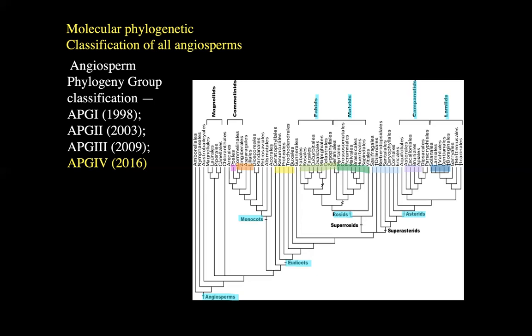Rosids to the left are in general going to have free parts, like not a lot of fusion, particularly between petals. The asterids, in contrast, are going to have a lot of fusion, and have a reduced number of things like stamens and pistils. There's going to be exceptions, but that's kind of a general take home there.